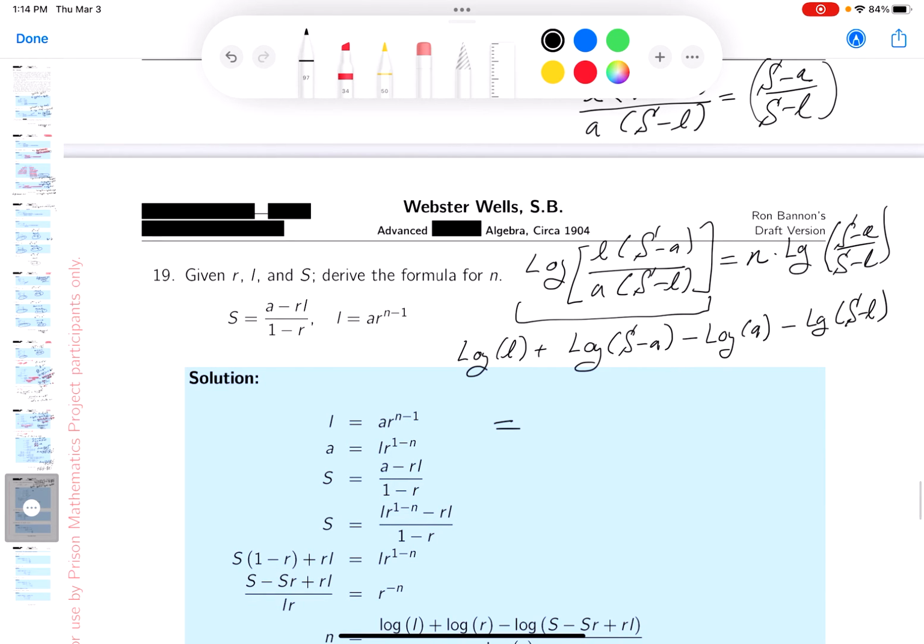What's going to equal? Well, you know what? I'm going to write this down. It might seem strange to write this down. We can write N times the log.